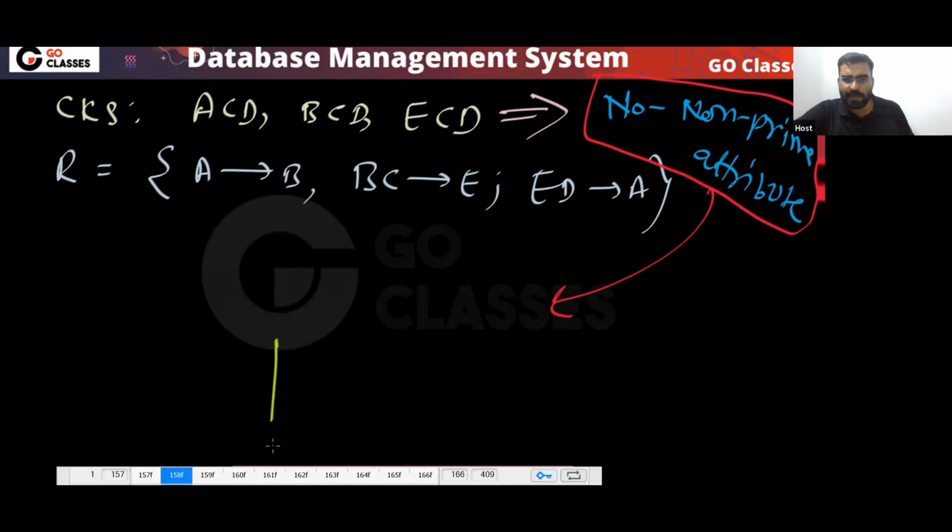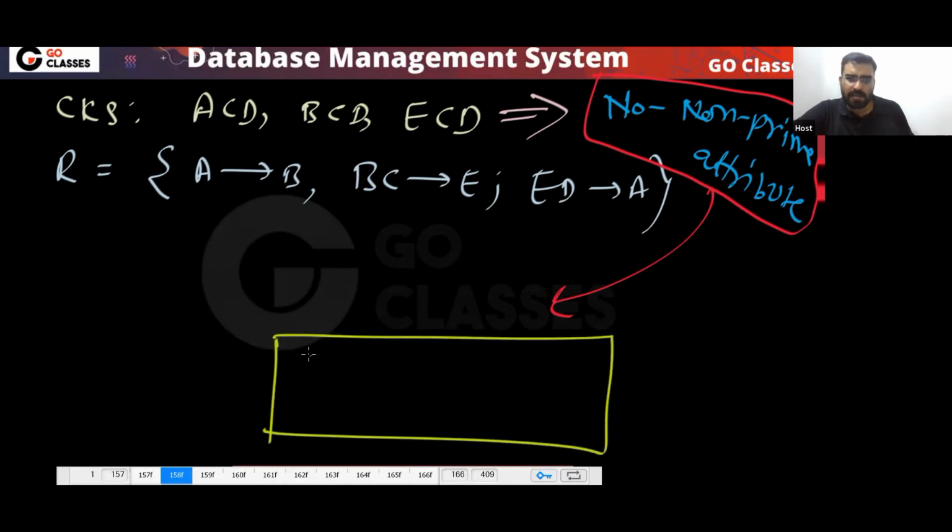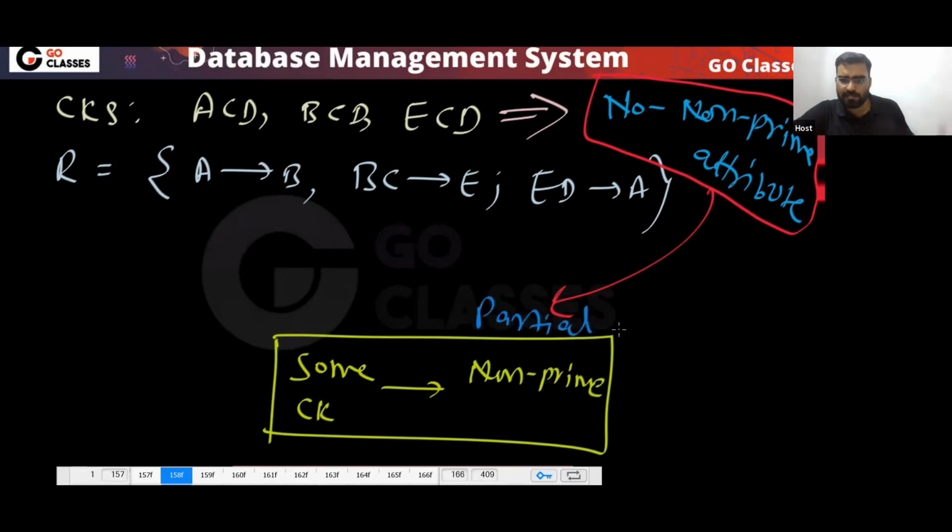This type of partial dependency, some candidate key determining a non-prime attribute, does not exist.